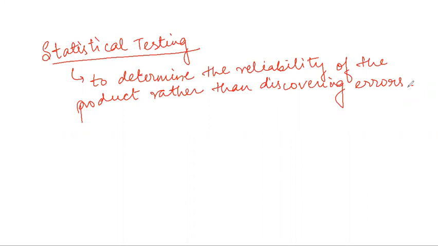In order to carry out statistical testing, we first need to define the operational profile of the product. As we all know, different categories of users may use a software product for different purposes. For example, take library automation software.